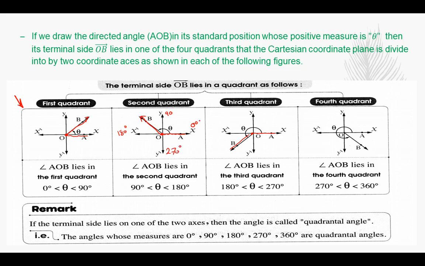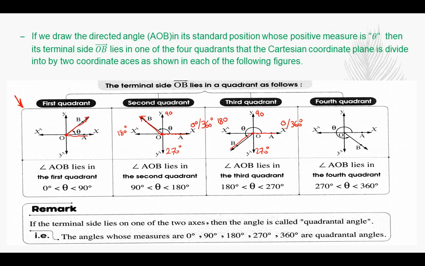And if the angle makes one turn, it will be 0 degrees or 360 degrees. So if the terminal side lies in the third quadrant, this means that theta is bigger than 180 and smaller than 270. Okay, the last one.